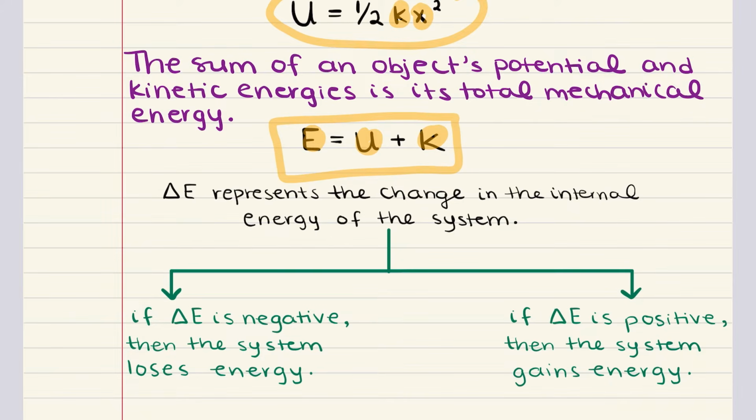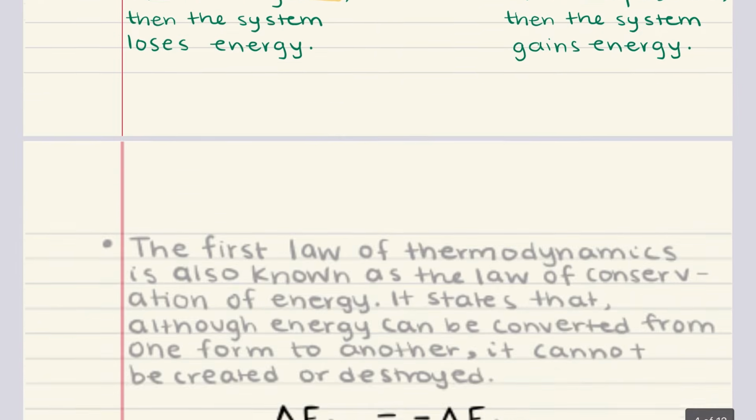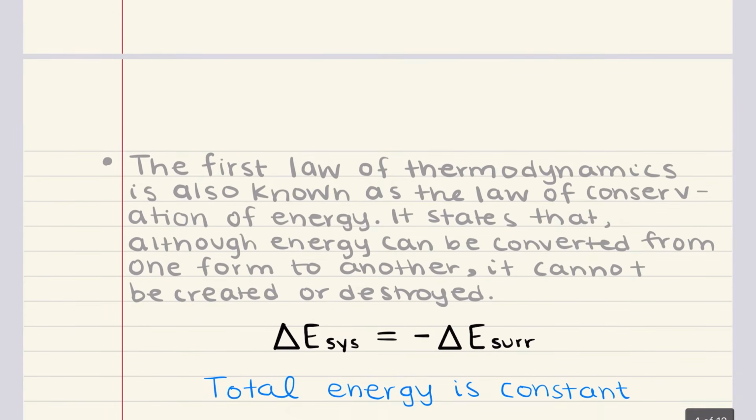Now, when we discuss energy changes in a system, it's important to understand that if the change in energy is negative, then the system loses energy. And if the change in energy is positive, then the system gains energy. Related to this is the concept of conservation of mechanical energy.